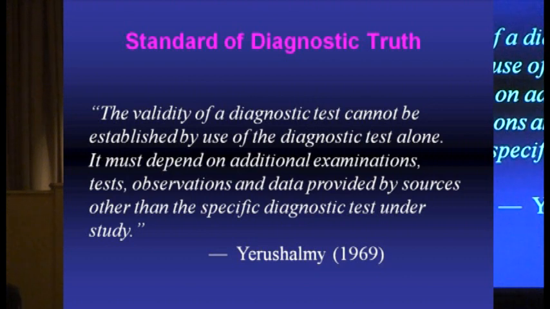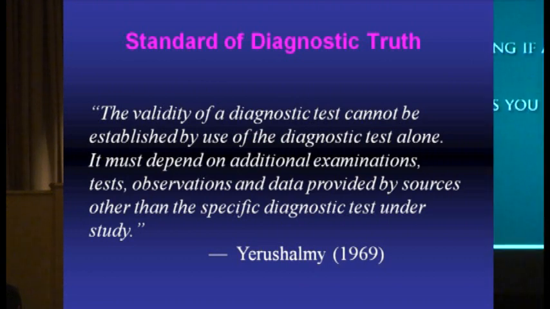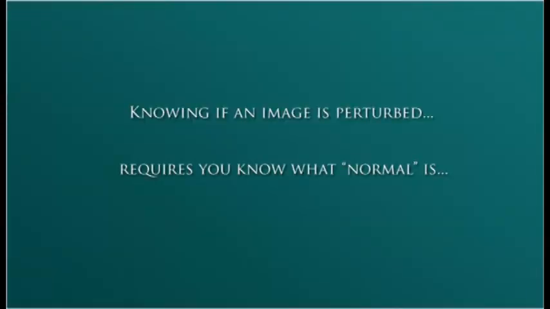And many endodontists, I don't know about other areas, but I'm very familiar with endodontics, make this mistake, that they think they can see disease by looking at their cone beams. And this is another problem. Knowing if an image is perturbed, doesn't that require that you know what normal looks like? If you're going to say this is abnormal, you have to have some range where you know what normal looks like.